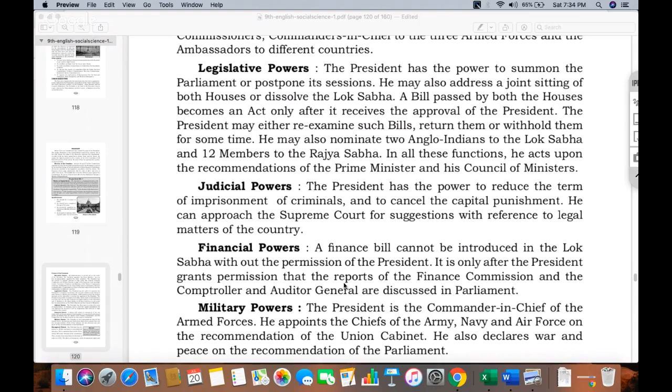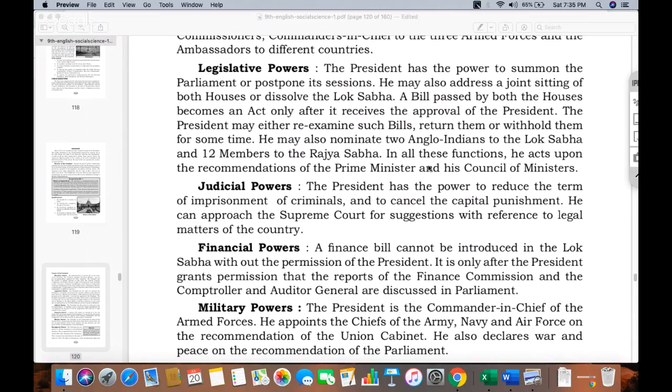Also, try to understand if any person has been given capital punishment. Capital punishment means death sentence by Indian law, or any other imprisonment case. He can reduce the imprisonment, he can cancel the capital punishment. The president has all the power.